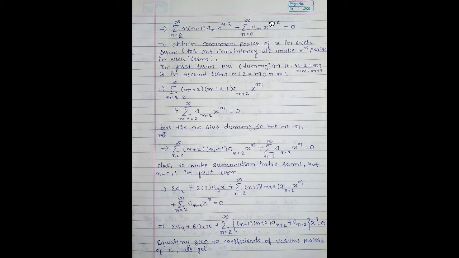So in second term, wherever we see n, instead of n put m minus 2. So our second term is summation m minus 2 is equal to 0 to infinity a suffix m minus 2 x raised to m is equal to 0. Hope you understand this step.